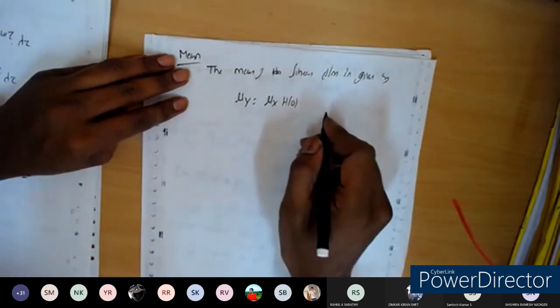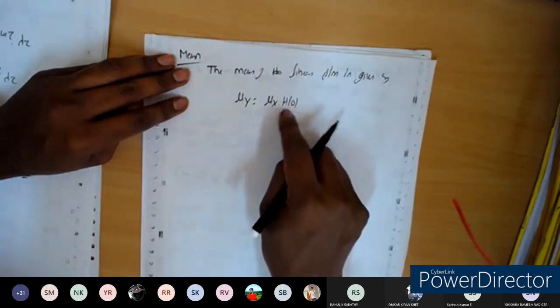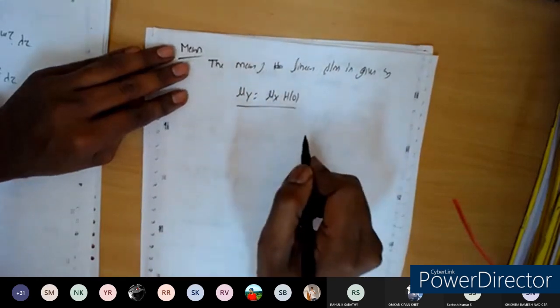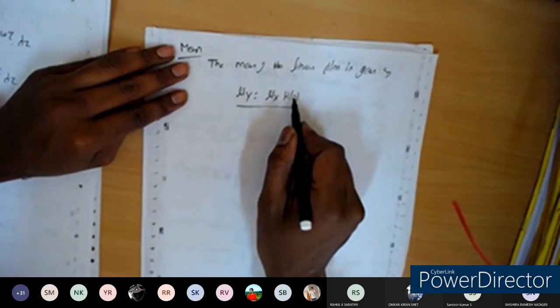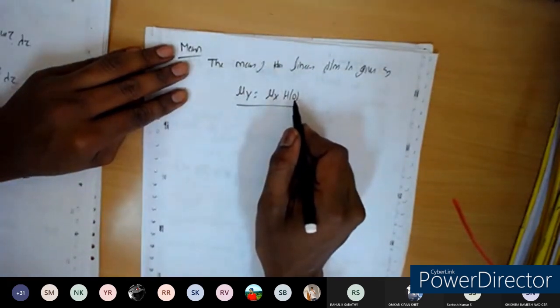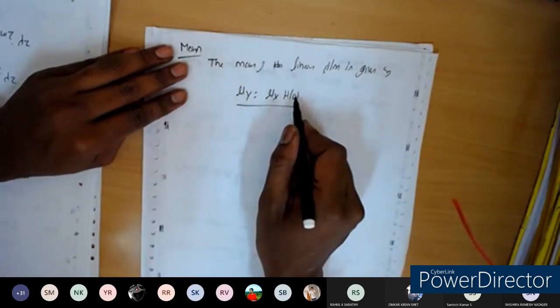We know that s is equal to sigma plus j omega. By substituting omega equal to 0, we obtain at s equal to 0 the mean, where the frequency is set as 0. This is the corresponding value we get for the transfer function.